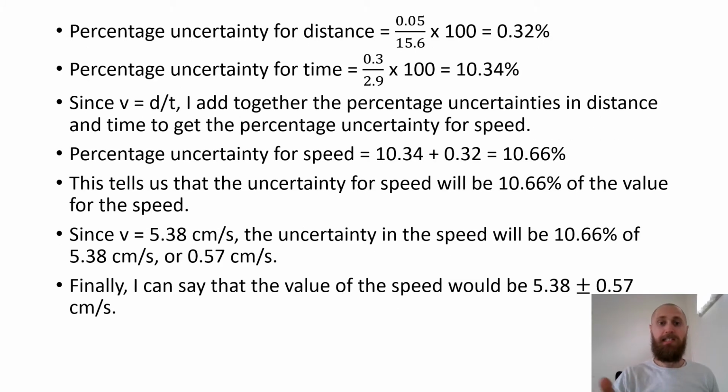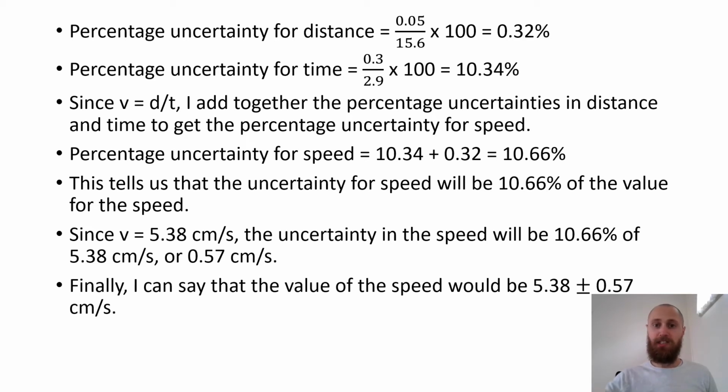So the percentage uncertainty for distance. My uncertainty in distance was 0.05 centimeters. My value for the distance that traveled was 15.6 centimeters. I take my uncertainty, divide that by my value, times by 100 to turn it into a percentage, and I get 0.32%.